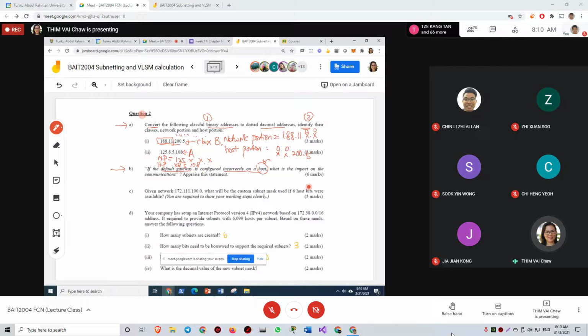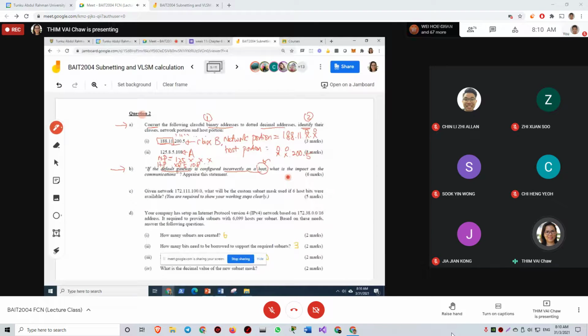Okay. So then next thing, the third statement that I am going to mention is, why just now I said that only communicate with the default gateway. Why we need to have a default gateway is because we need to communicate with the other network.